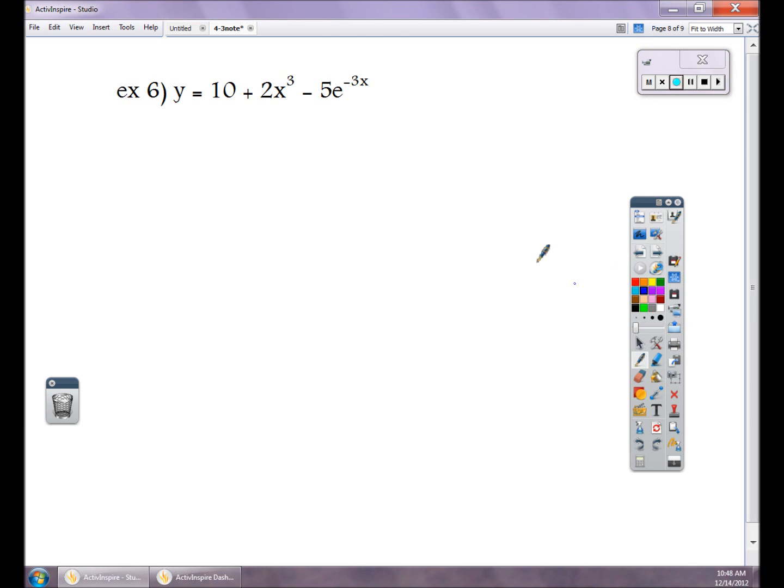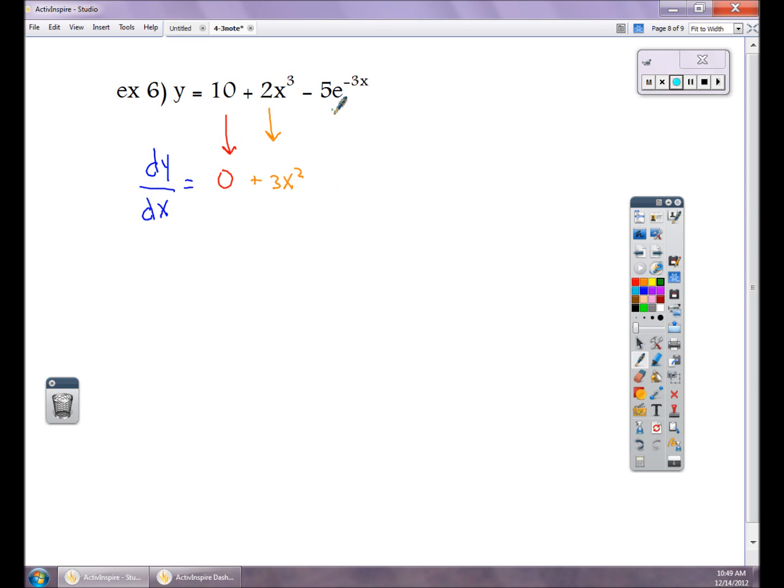Example 6. To take the derivative dy over dx of all three of these items, I'm going to take the derivative of each one individually. The derivative of 10 is 0. The derivative of 2x cubed is 3x squared.